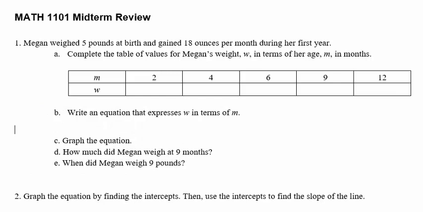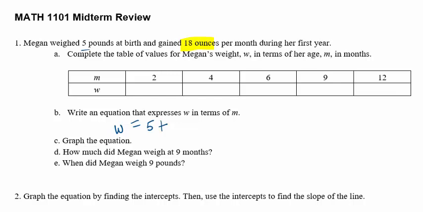Okay, and so we could say W is equal to, initially she weighed 5 pounds, and then she's growing by 18 ounces per month. We want to ensure that this rate of change, the 18 ounces per month, is in the correct unit of measurement.